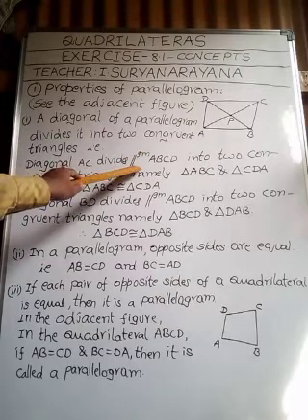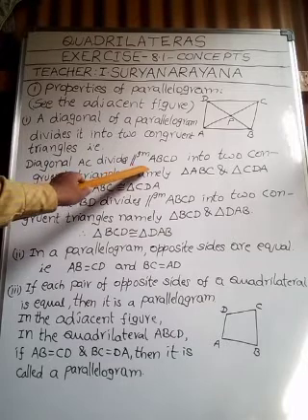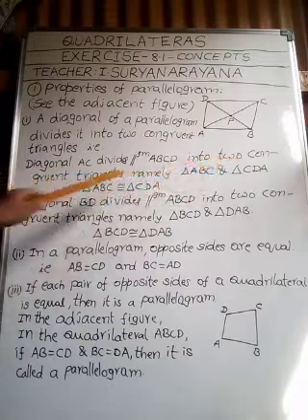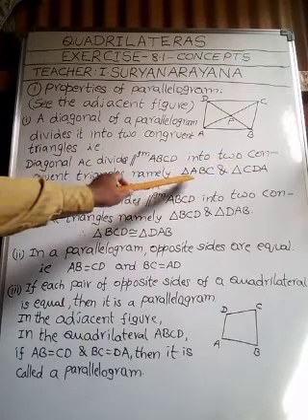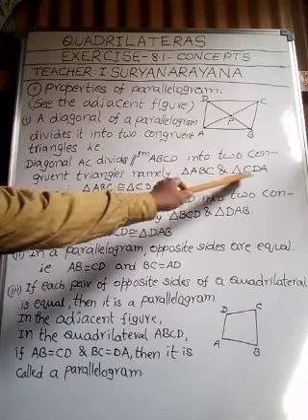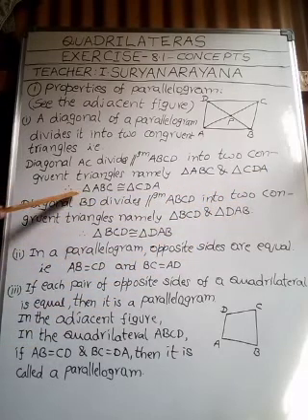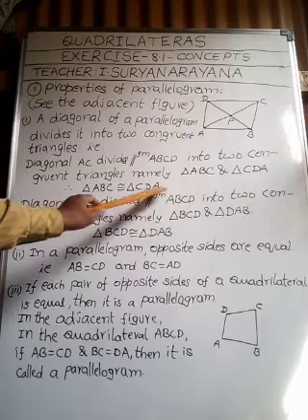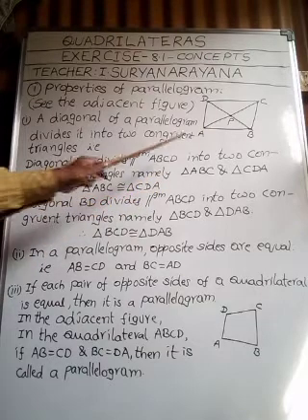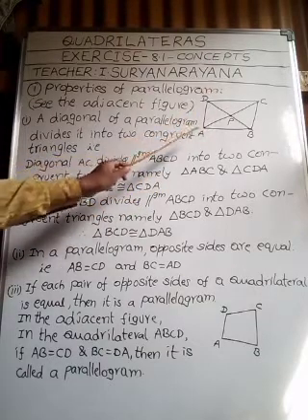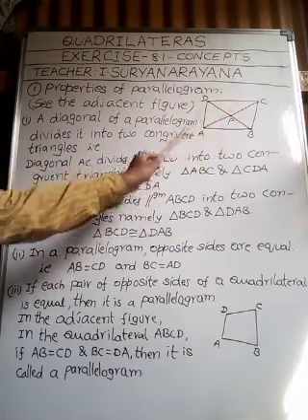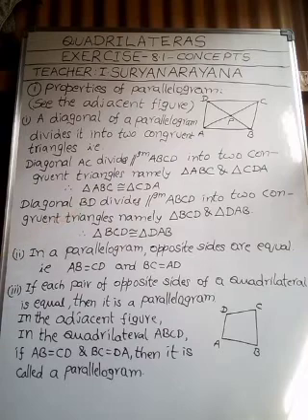Diagonal AC divides parallelogram ABCD into two congruent triangles, namely triangle ABC and triangle CDA. Therefore, triangle ABC is congruent to triangle CDA.